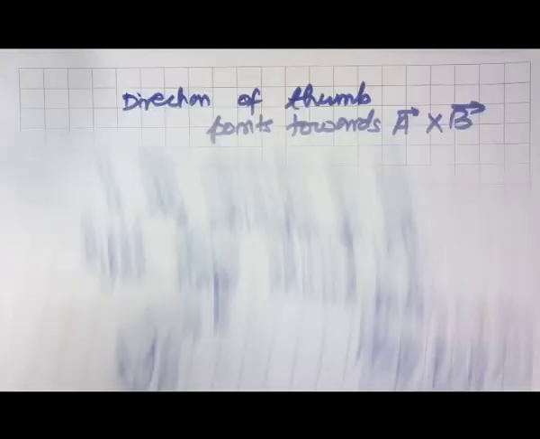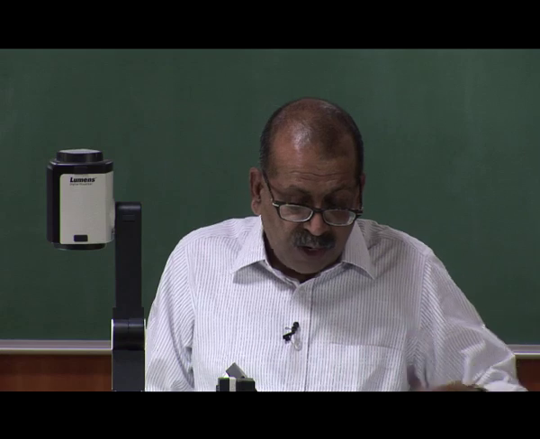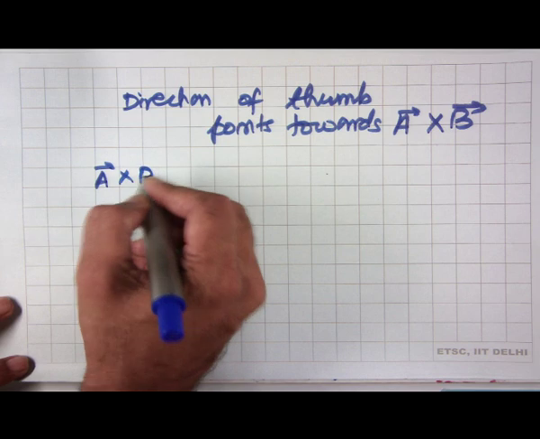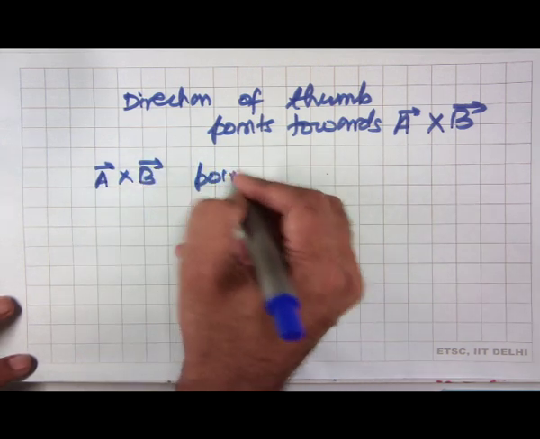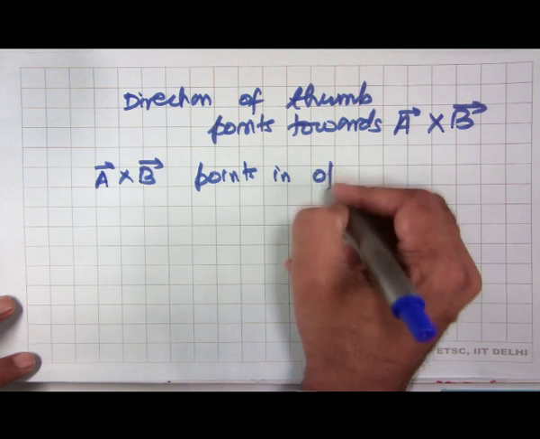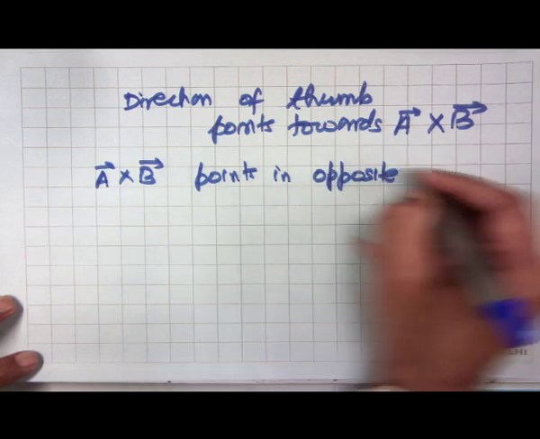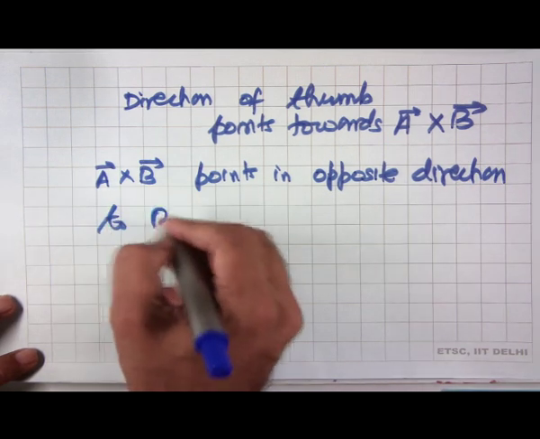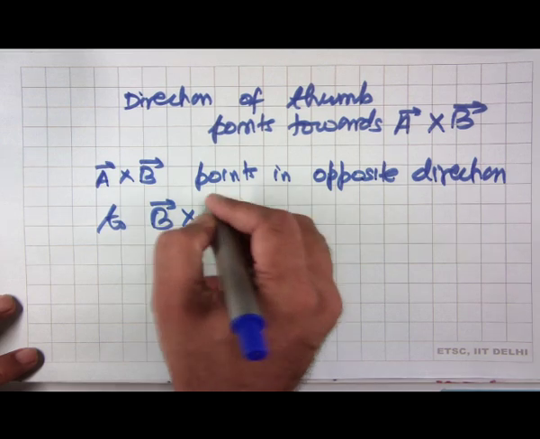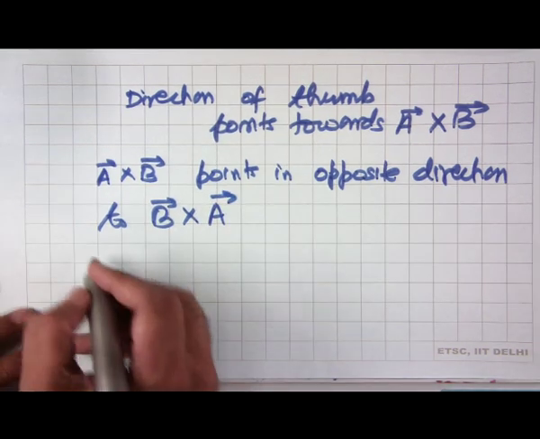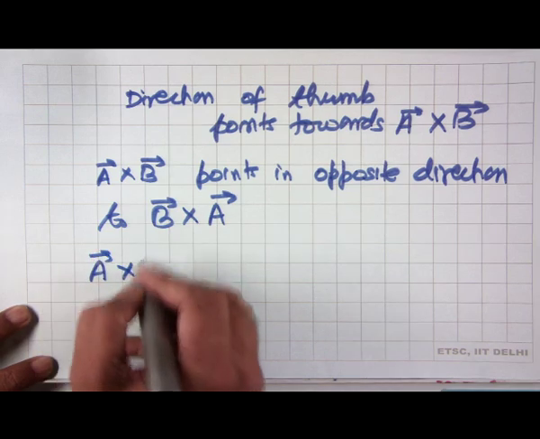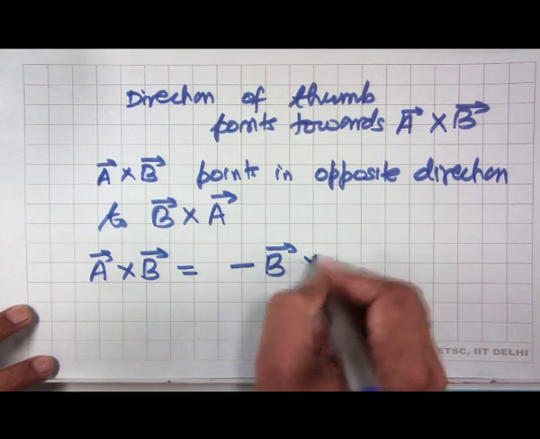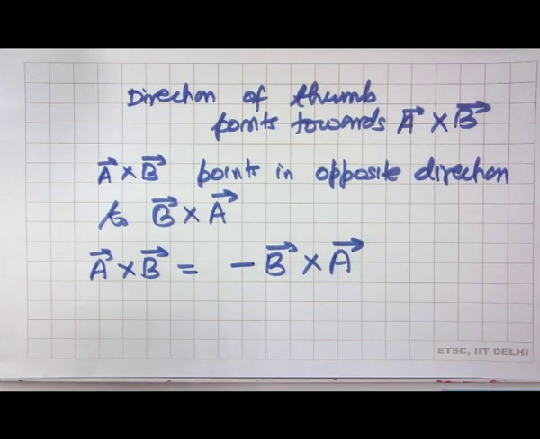Therefore, A cross B points in the opposite direction to B cross A. That means we can clearly say A cross B is equal to minus B cross A.